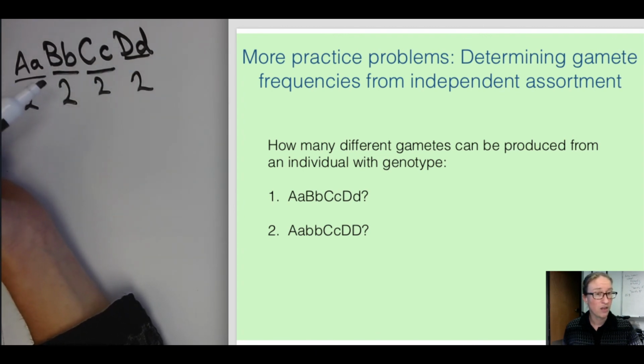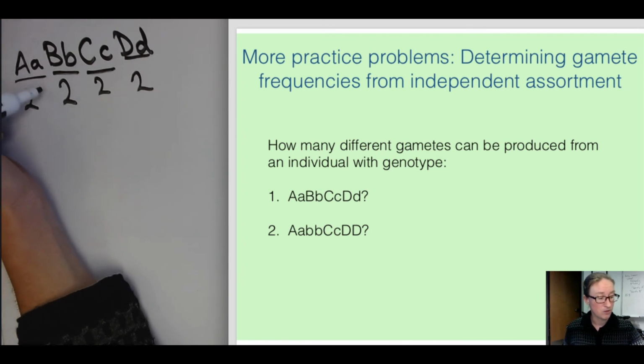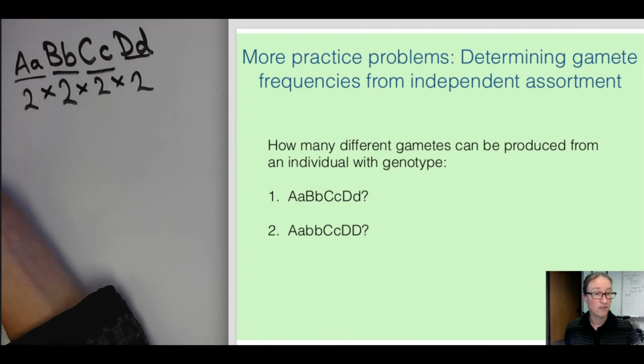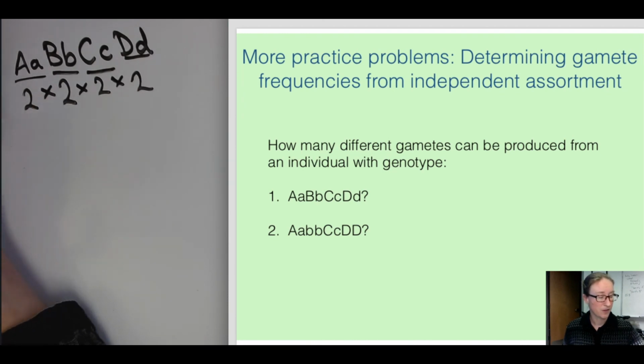So the total number of types of different gametes that could be produced is the product of each of these probabilities, right? So 2 times 2 times 2 times 2, so that's 4, 8, 16. So this individual can produce 16 types of gametes. And now you see why I really don't want you trying to draw out a 16 by 16 Punnett square.